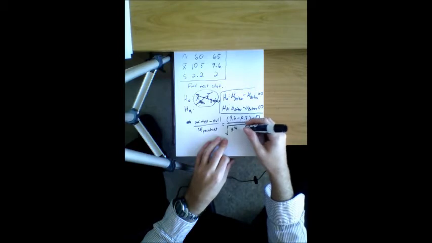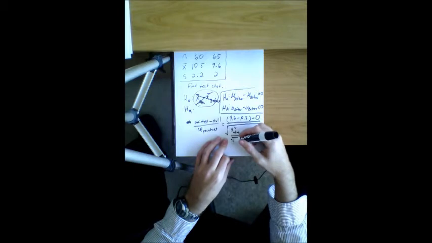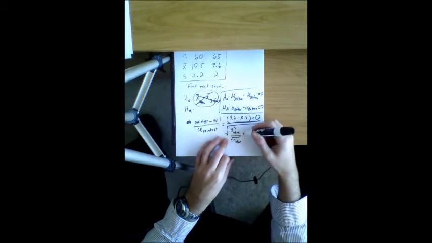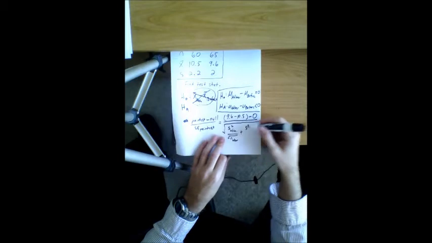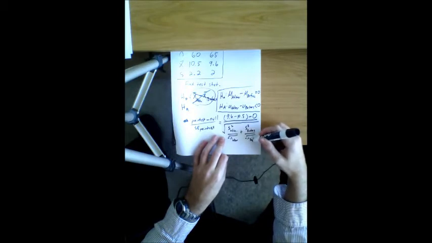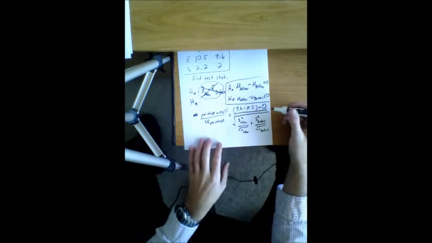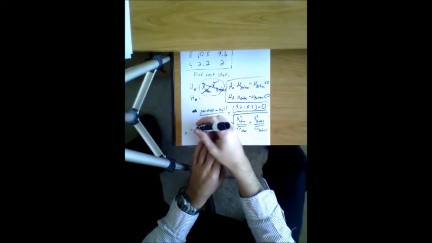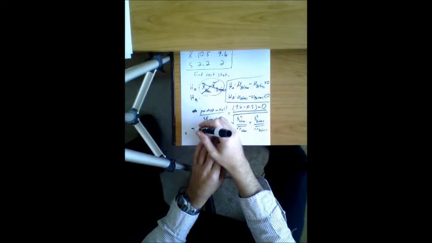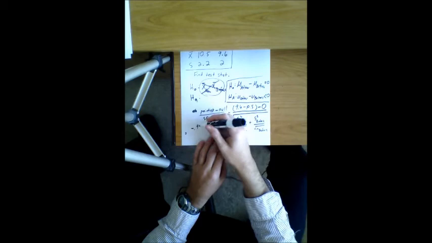The standard deviation squared for after, all over the square root of n after, plus the standard deviation squared for before, divided by the square root of n before, how many we had before. So we can go ahead and put these things together. Continuing on, 9.6 minus 10.5 is going to give us negative 0.9 on the top.